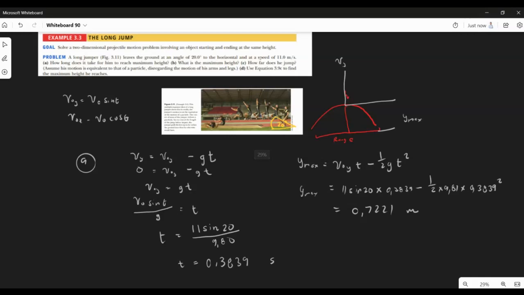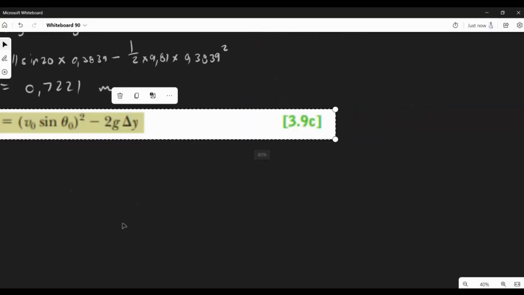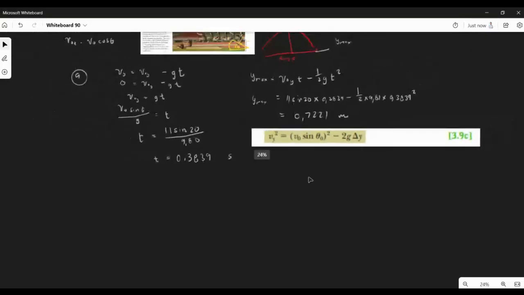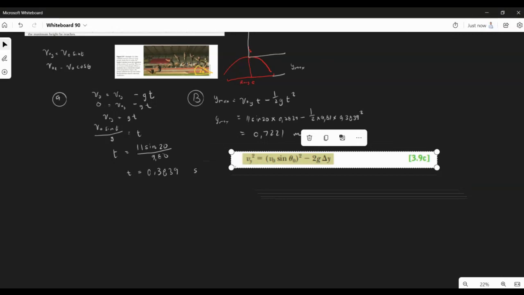I'm doing D. D says use equation 39.c to find the maximum height it reaches. So it's basically the same thing, just an alternative way. Can you guys use this one to find the maximum height? Is that clear, everyone? We're just going to do D first before I go into C. It talks to the same thing. I just want to show you that.